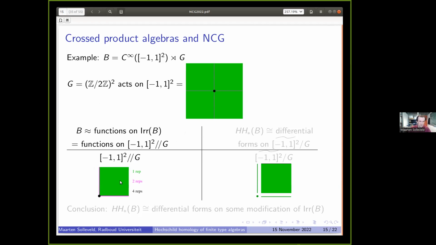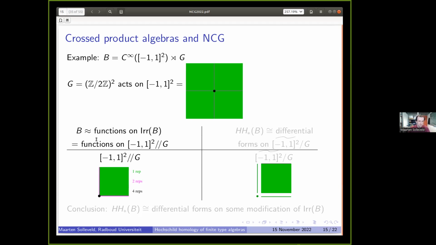Most of the time, if you start with a character of this commutative algebra, you get only one irreducible representation lying over it. If you start with a character which is fixed by one of the two reflections, then you get two irreducible representations. And if you start with the character evaluation at 0, then in fact there are 4 irreducible representations of this algebra with that as central character.